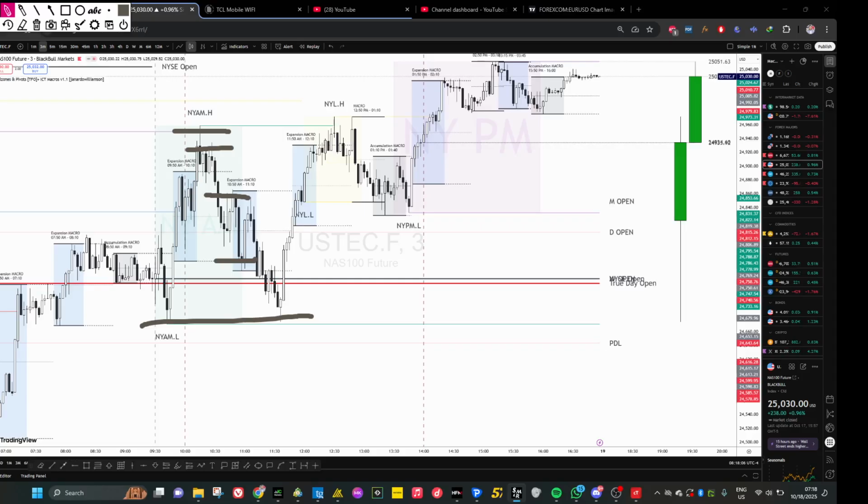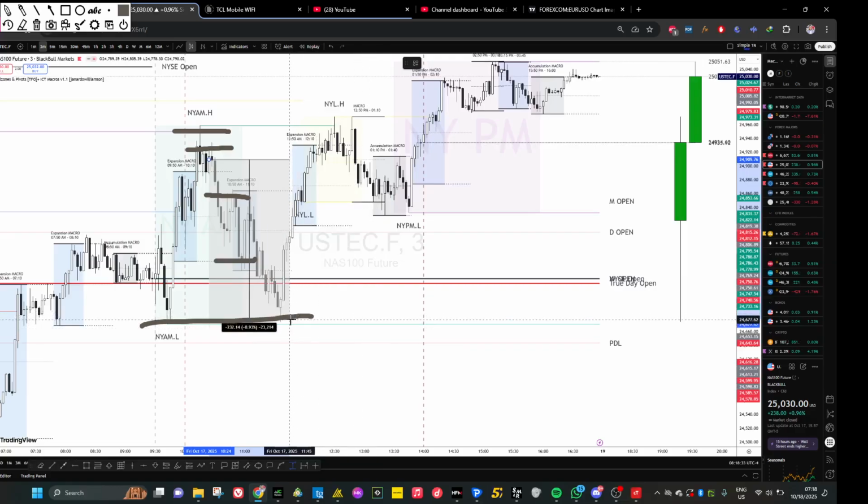So I don't think we would have went any lower. But I just decided that this could have been a nice little reversal trade. Nice couple points scalp. Let me measure it from, if you had gotten in from around here, this would have been 230 points. This is a nice trade.